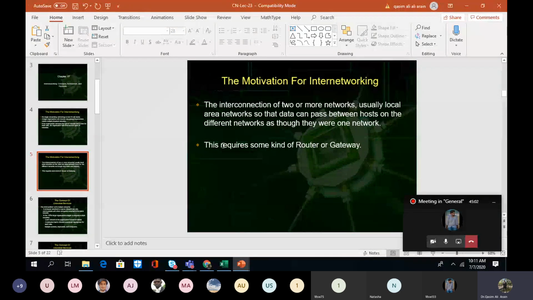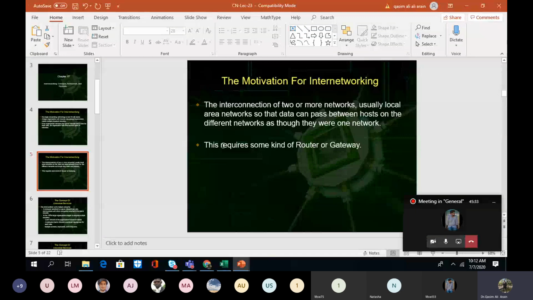Now see, this is something very important to understand. If you want to connect two or more different networks together, they might be local area networks, or they can have multiple types of technologies being used inside those particular networks. We must need some sort of intermediary device. But these devices might not be repeaters or bridges, because they are going to fail in this particular situation, right?